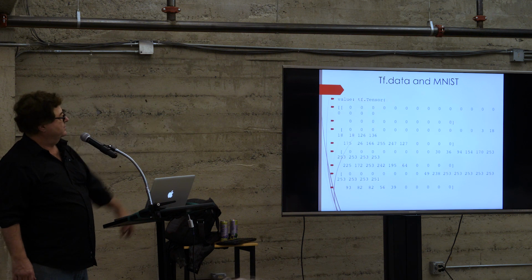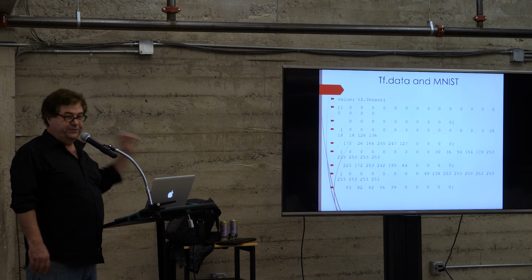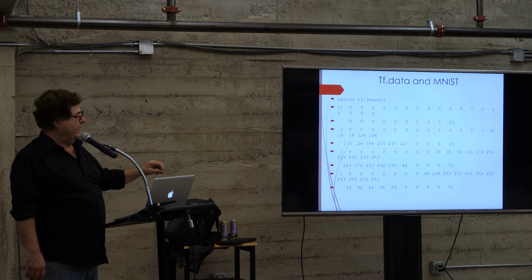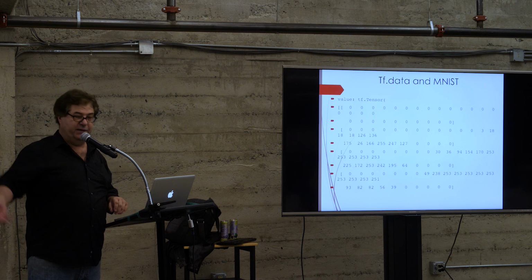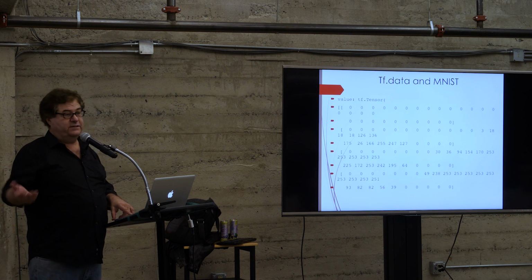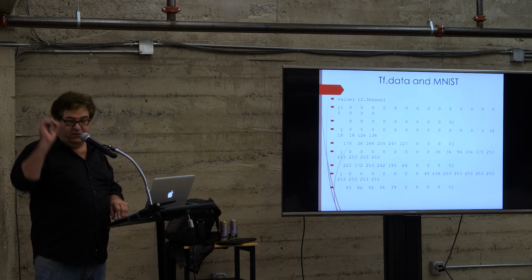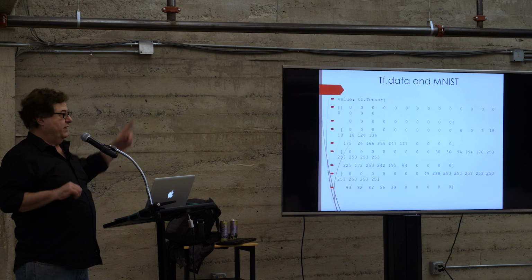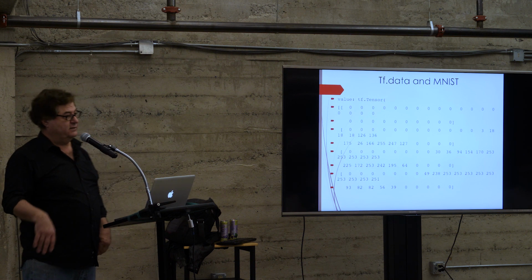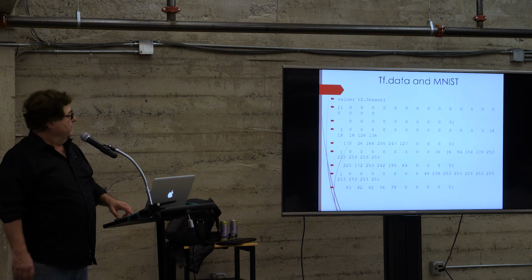Those are the actual pixel values for the first digit. And if you run it from the command line, it's a little bit better. So it's almost effortless to get access to all the pixel values of all the images in the MNIST dataset. And you can do it with the Iris dataset and various other ones that exist.